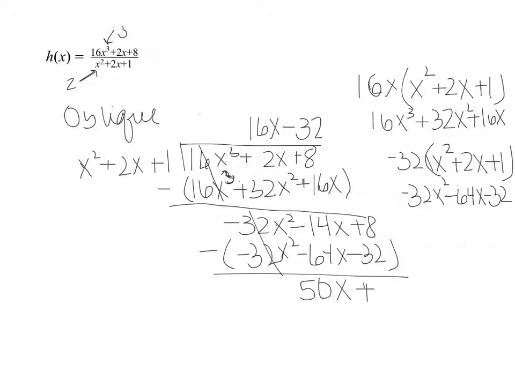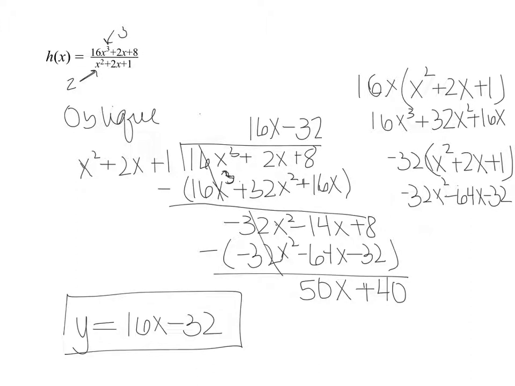So I end up with 50x plus 40. And this would actually be our remainder because I can't take 50x and divide it by x squared. So we're done with our long division, and our oblique asymptote is going to be our quotient that we have. So my oblique asymptote is going to be y equals 16x minus 32. And that is the oblique asymptote of our function.